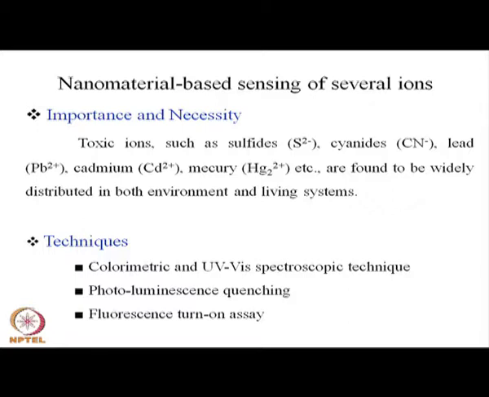Now, as I told you, what could be the possible applications of such a nanomaterial? It will be nanomaterial based sensing of several ions, like toxic ions such as sulfides and cyanides, which are deadly poisonous. Lead is also toxic, cadmium is a heavy metal, and mercury is also heavy. These are toxic metals, found to be widely distributed in both the environment and in living systems. If the concentration of these ions in a living system is more than the limiting concentration, then it will be toxic.